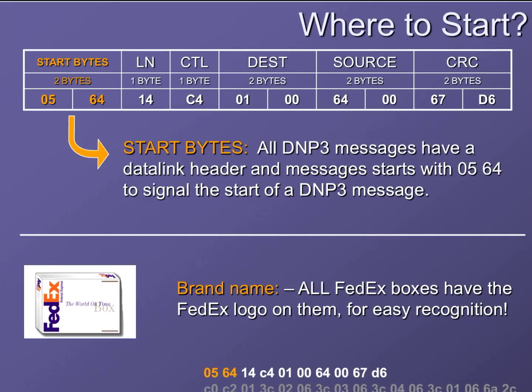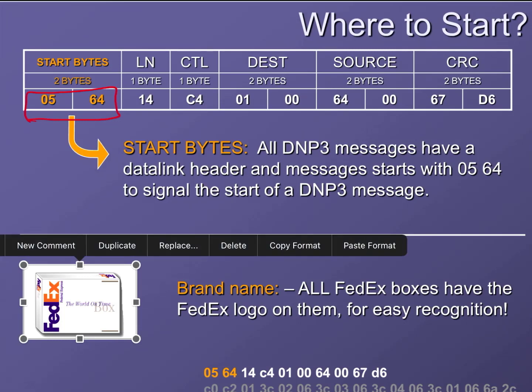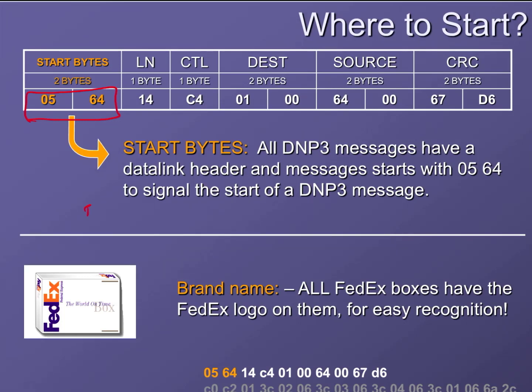So the first 2 bytes of that data link header are something called the start bytes. It's always a 0564 value. That 0564 value is our start octets. Now that's the other thing too, DNP sometimes calls bytes octets.